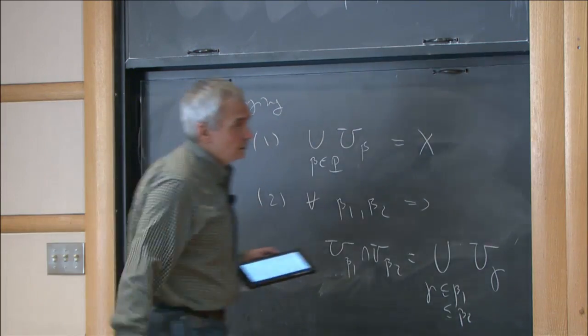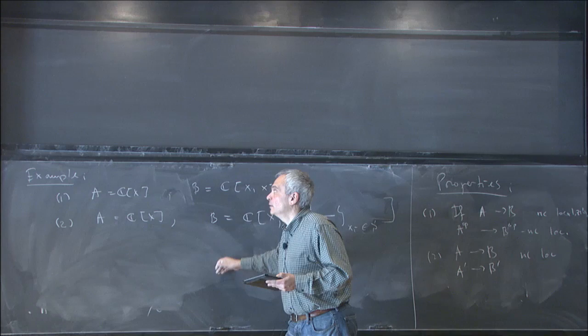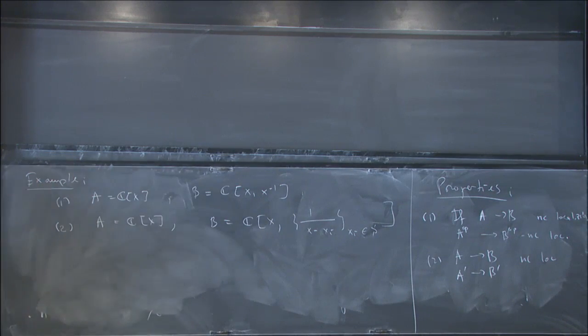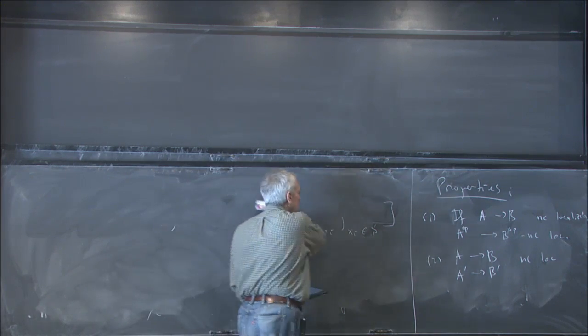So for instance, you can take all the affine opens ordered by inclusion.